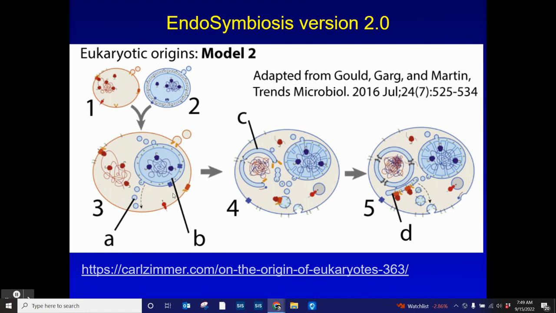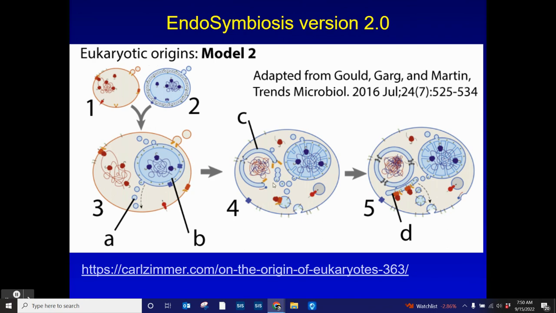In this particular case, what we have is the bringing in of two different bacterium, one that produced energy, and here is its membrane and its DNA down here. It's brought in through phagocytosis.